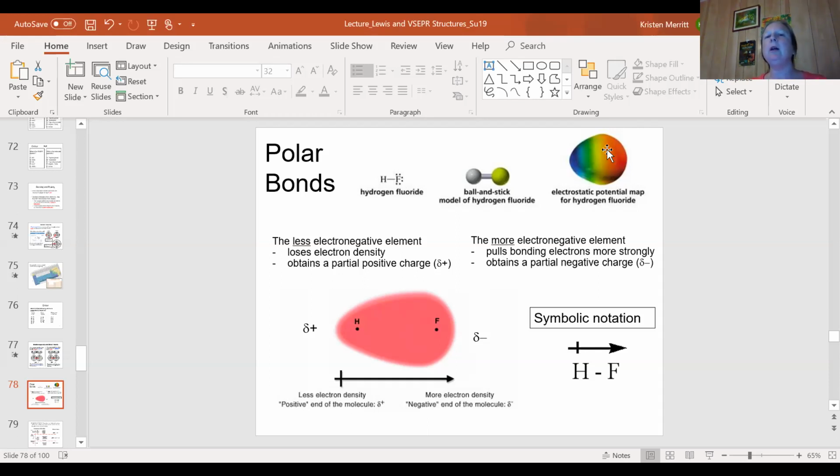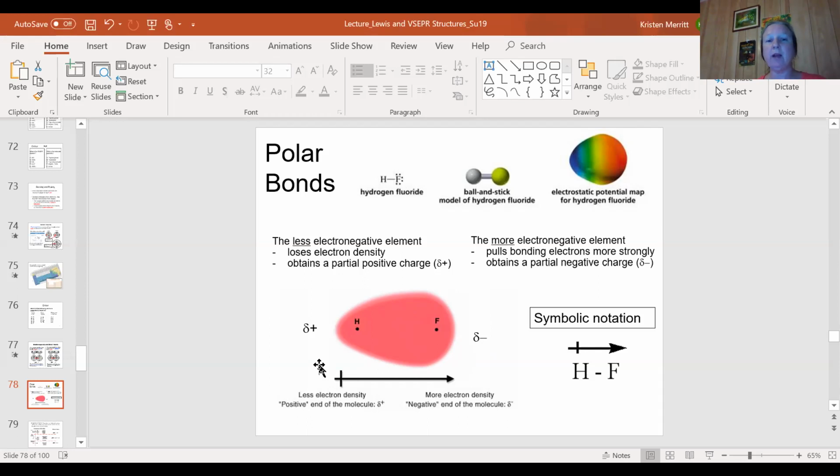But there's still electron sharing going across the whole thing. The electrons are circulating around both nuclei. It's just that they're spending more time circulating around fluorine than around hydrogen. Therefore, the fluorine end has a more negative charge. That's your pole. And the hydrogen has a more positive charge because the electron flow is in this direction.